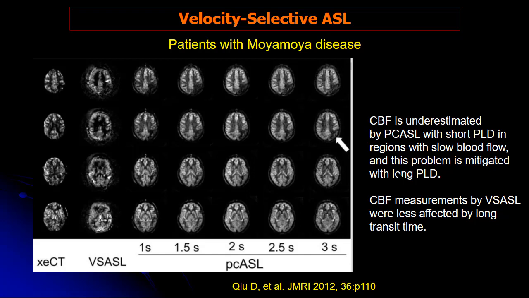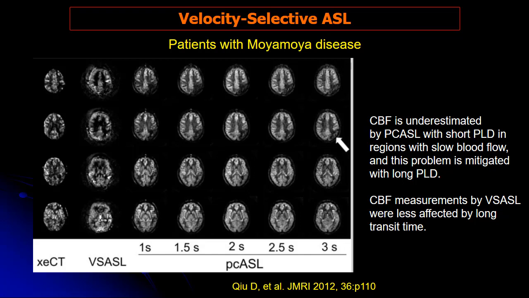There were a few clinical studies demonstrating the utilities of this velocity selective ASL. This is one of the few conducted by a Stanford group, where they compared the velocity selective ASL with 5 different labeling delays of PCASL and a CT study, perfusion CT.